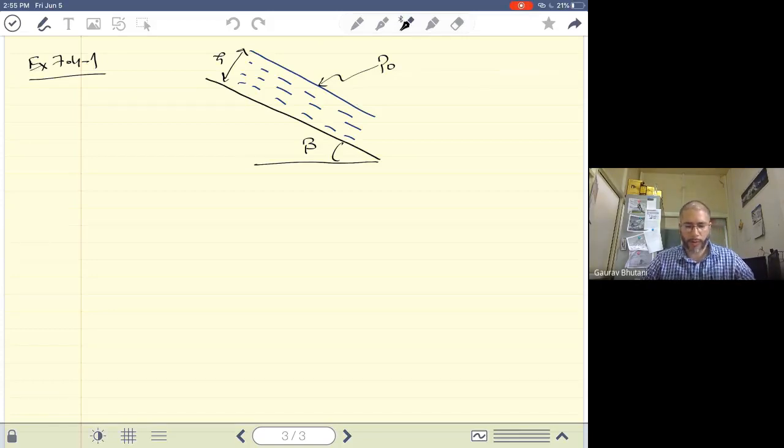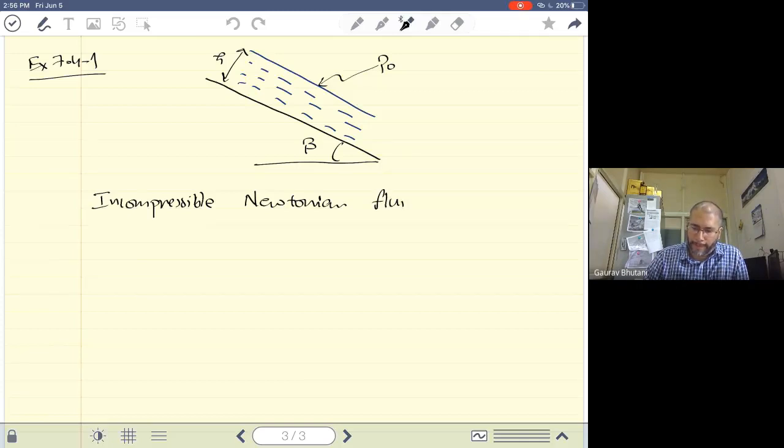Okay, so this is what's happening, and it's given to us that the fluid is incompressible. Again, a decent assumption because it's water and water is incompressible. The fluid is Newtonian. Again, a decent assumption because water is considered Newtonian. So it's an incompressible Newtonian fluid in a steady flow.